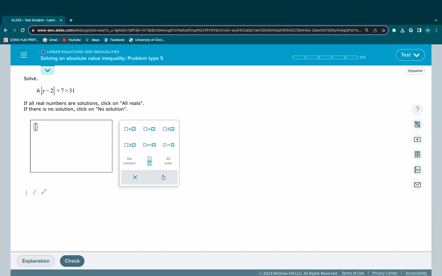The sticks are absolute value, and what they mean is distance from zero, which means that we can't go a negative distance. We can go in a negative direction, just not a negative distance. So absolute value equals a negative number is not possible.